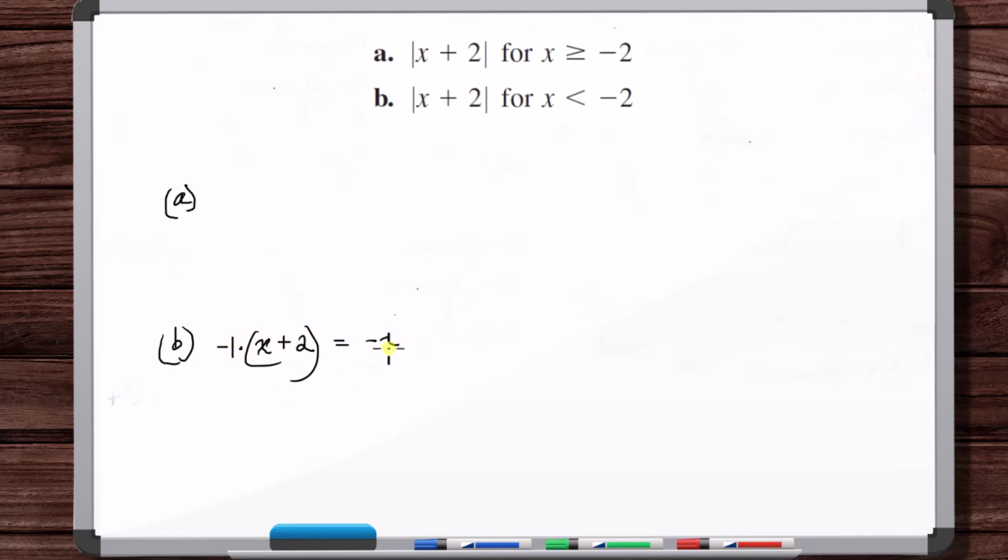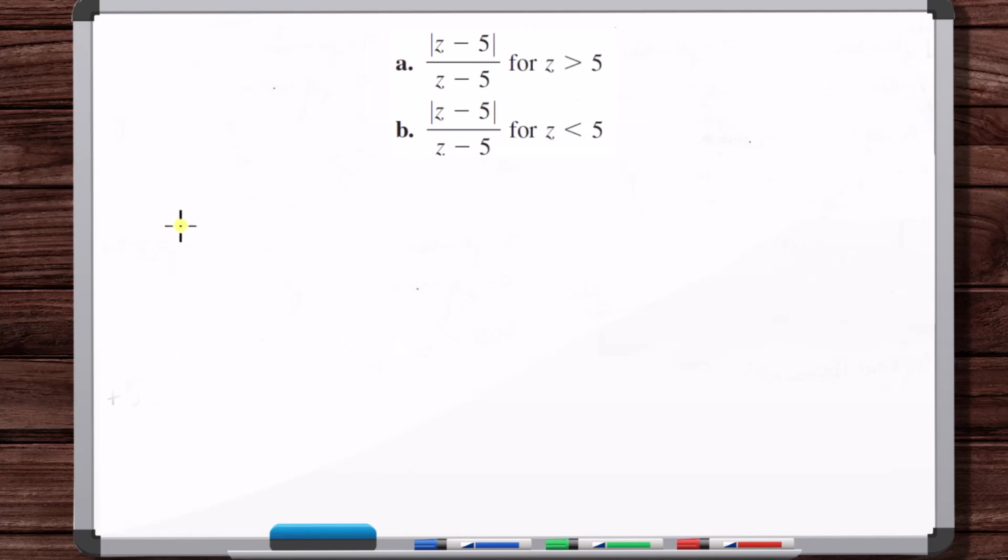So that simplifies to minus x minus 2. Okay, if x is greater than or equal to minus 2, then x plus 2 is always positive. So you just take off the absolute value symbol. Now, when x is equal to minus 2, then the absolute value of x plus 2 is 0. When x is equal to minus 2 here, it's also 0. So this works.